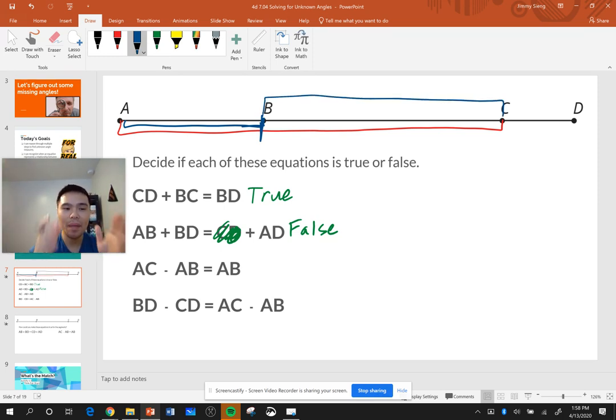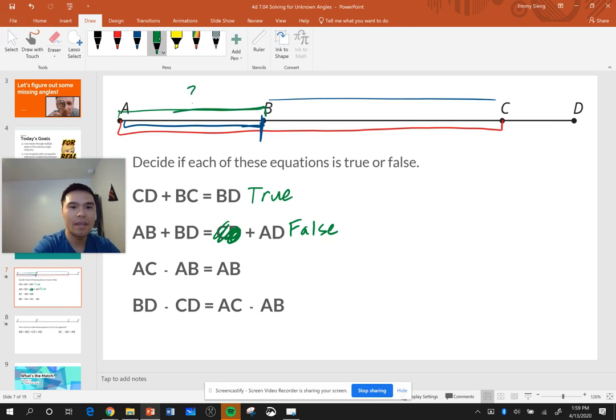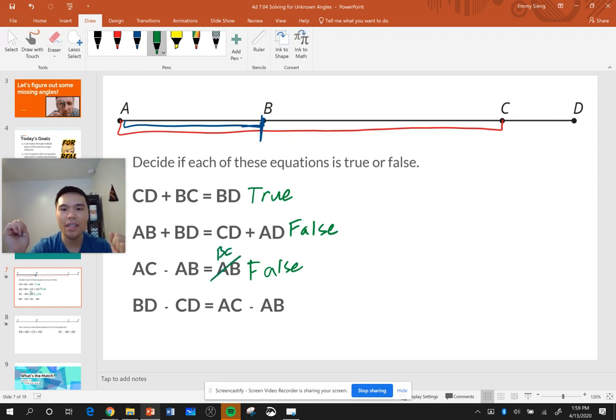I'm taking that AB, cutting it off from A to C, and I have that remaining BC right over here. But it's asking me, if I do AC minus AB, does that just give me AB? Okay, the answer is false. AC minus AB really gives me BC. Okay, that's what's going on here.